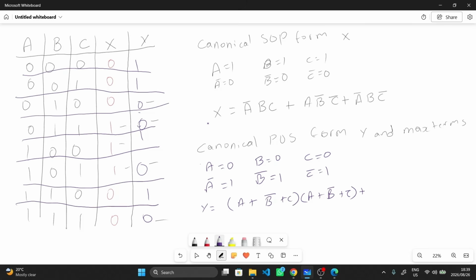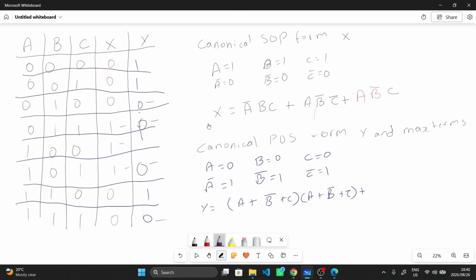Hmm. I think I might have confused something. Yeah. I might have made a mistake, so sorry for that. So, okay. Let's just go back for X. Where X is 1 is A, then B complement C. Yeah. So that is correct.